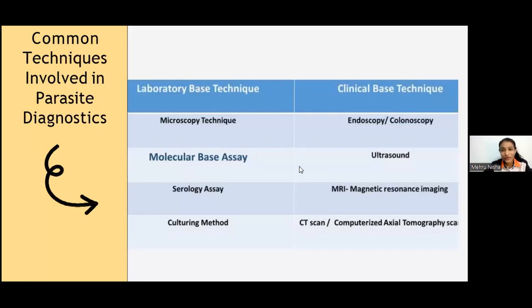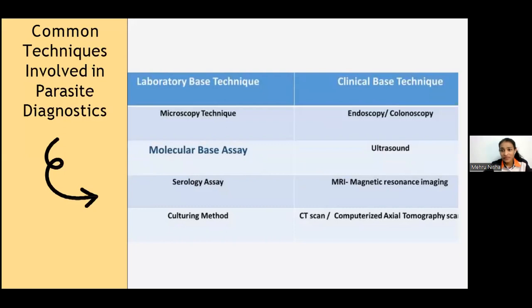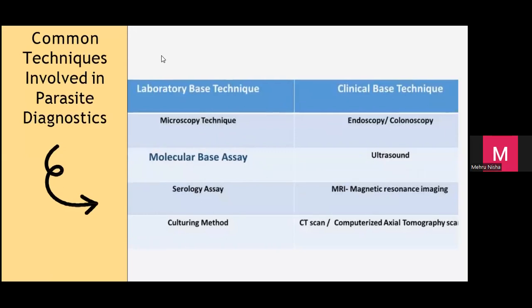It's easy for me to see when you type in a message. Using the 100 lens requires immersion oil. Yes, you're right. We have to use oil immersion. So I'm sure you are all already familiar with this. Okay. Molecular based assay.